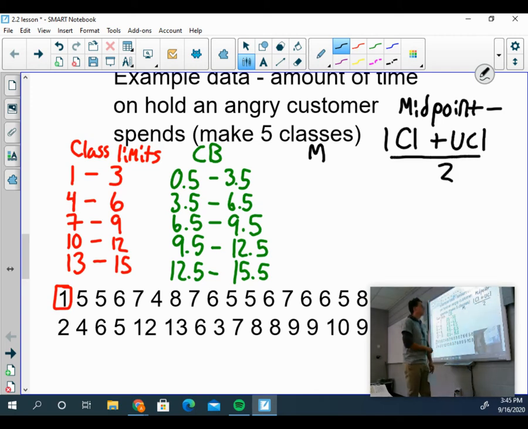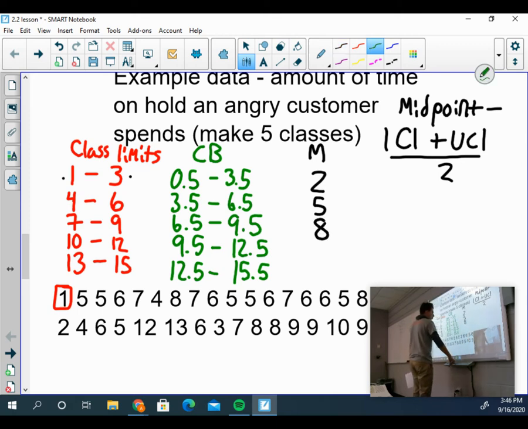So how do I find the midpoint of the first class? 1 plus 3 is 4, divided by 2 is 2. 4 plus 6 is 10, divided by 2 is 5. 7 plus 9 is 16, divided by 2 is 8.